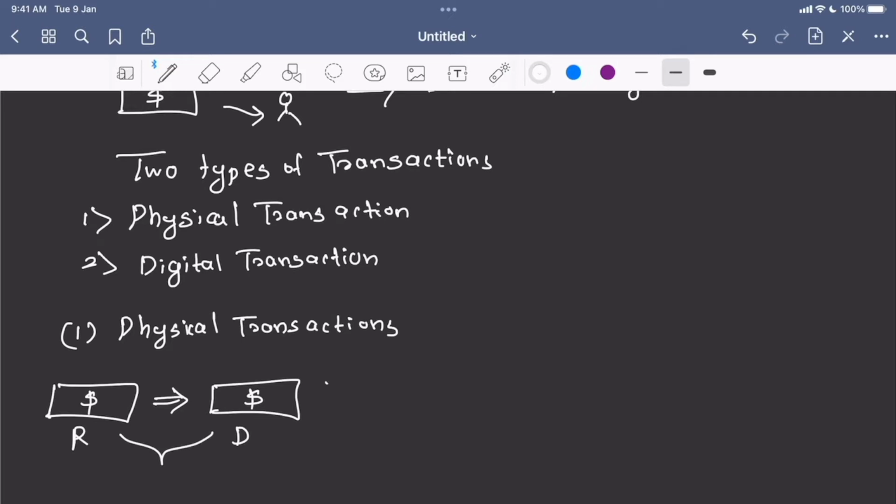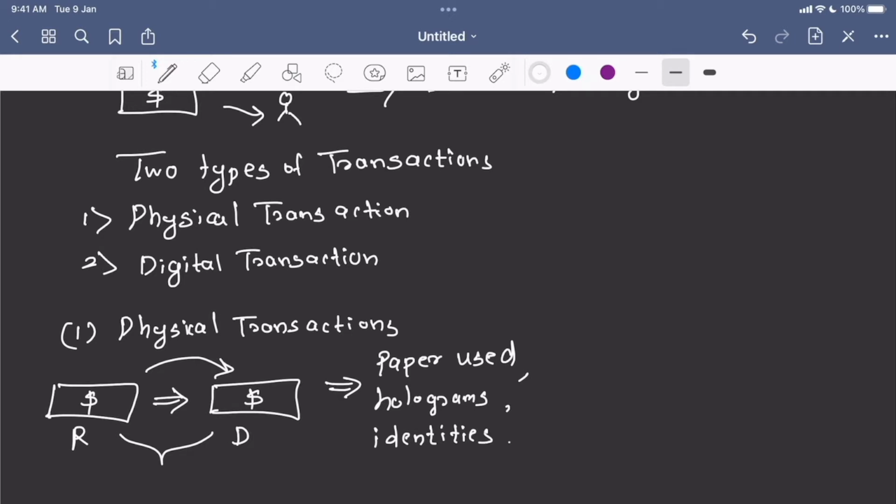But practically, there are various factors which will stop me from going from real to duplicating my currency. So what are these factors? These are factors like paper used in making the currency, holograms, and various other identities issued by the government or the authority which generates the real currency.